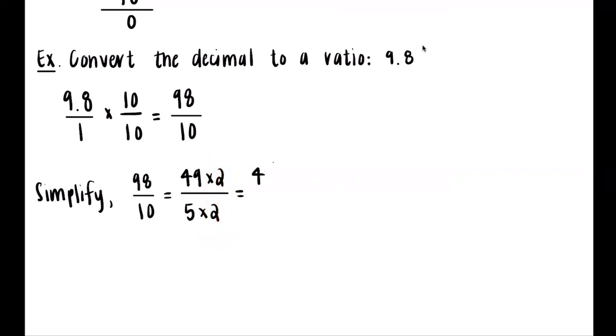So we're left with 49 over 5. Well, now I have my fraction. So from a fraction, I can go ahead and work with a ratio because remember they represent the same thing. So therefore, we have 49 colon 5 as our final answer.